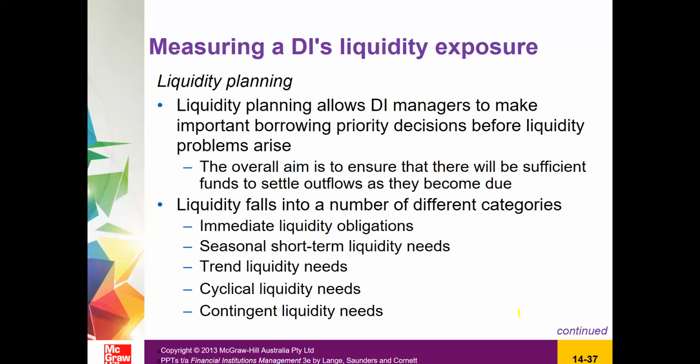For example, immediate liquidity obligations, seasonal or short-term liquidity needs, trend liquidity needs, cyclical liquidity needs, contingent liquidity needs. So under liquidity planning, when financial institutions attempt to maintain adequate liquidity, they need to hold liquid assets for each type of liquidity obligation.